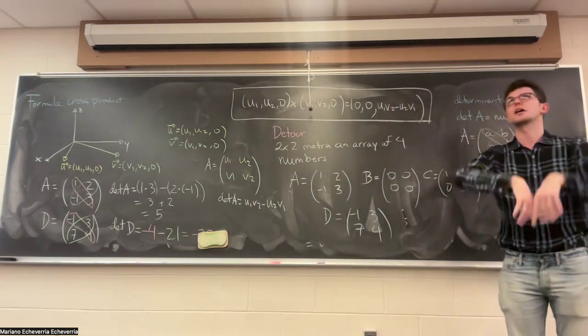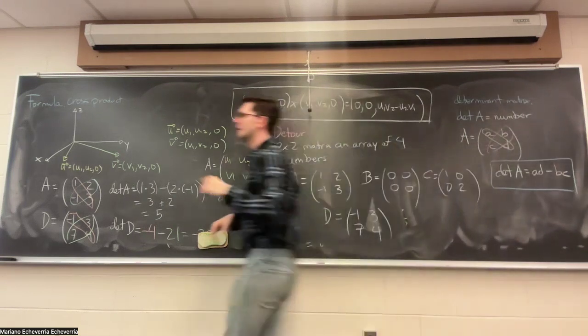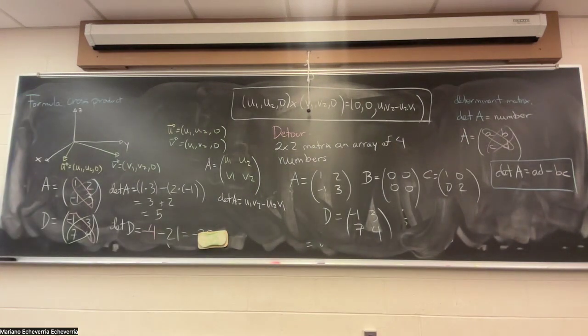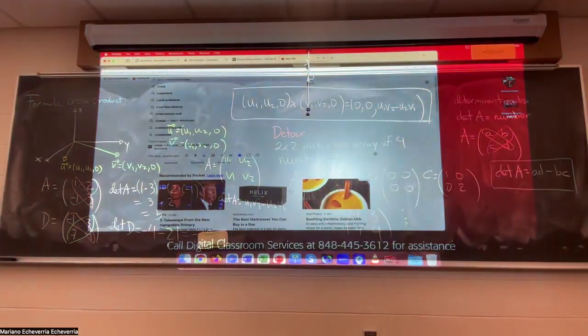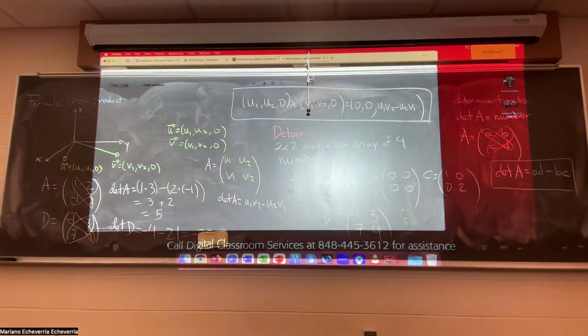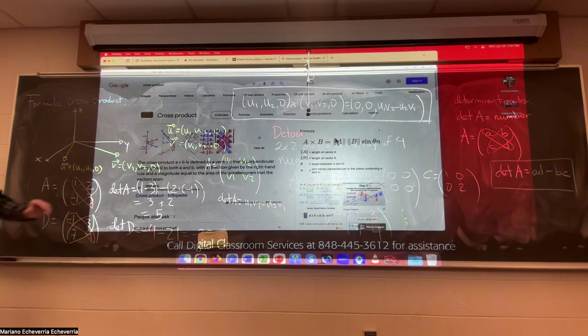Than to just write a huge formula for it. Before we finish, I think I can find it pretty quickly on Wikipedia or something like that. Oops, just to finish with this.